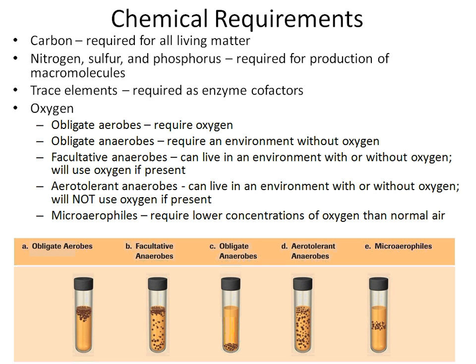So if there's a big crowd up there trying to use the oxygen, they'll just scoot down and hang out and ferment down here in the bottom somewhere where they don't need the oxygen. Aerotolerant in the D part of the picture, they don't use the oxygen, so they just spread out and get lots of room so they can grow however they want to grow. Does that make sense? I like pictures.